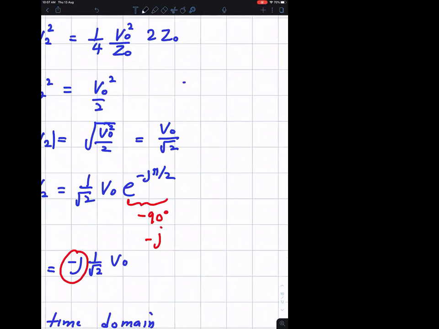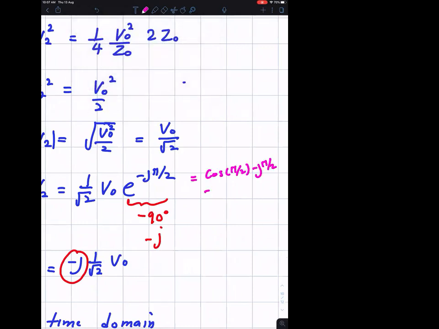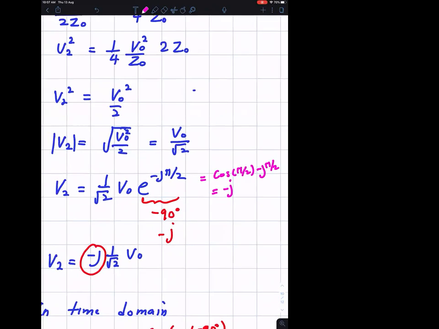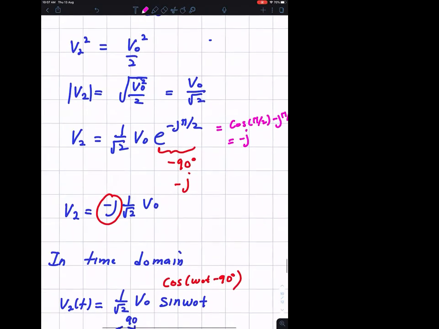If you use the Euler formula, this is minus j. That's why it can also be represented with the exponential function, or it is also minus 90 degrees and also minus j.